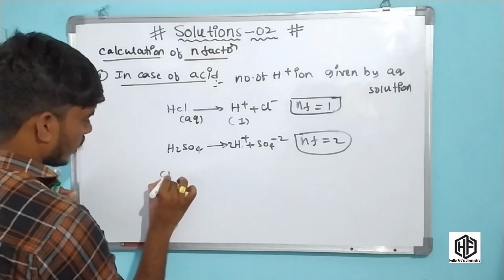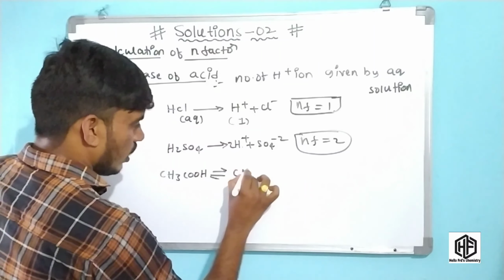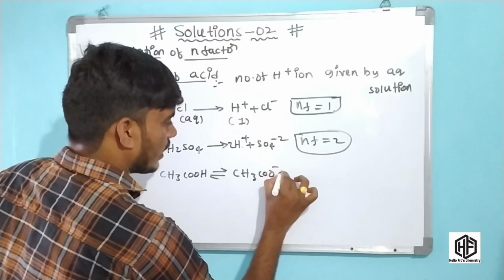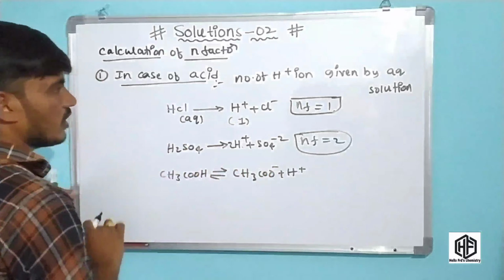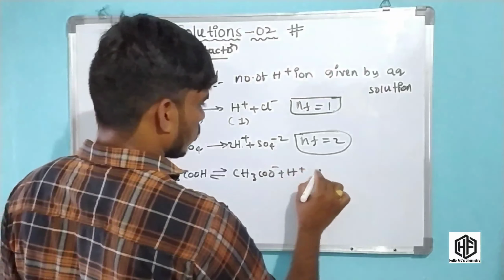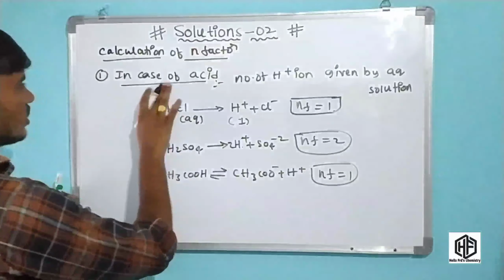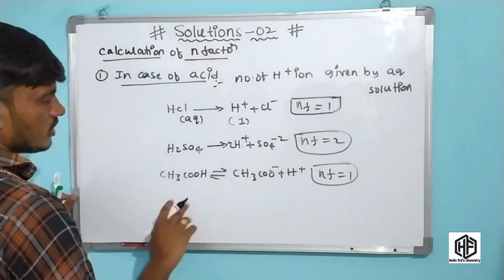Okay friends, now for example CH3COOH, acetic acid, gives CH3COO minus plus H plus. The number of H plus ions given by aqueous solution is 1, so the N factor value is 1. N factor value in case of acid is the number of H plus ions.